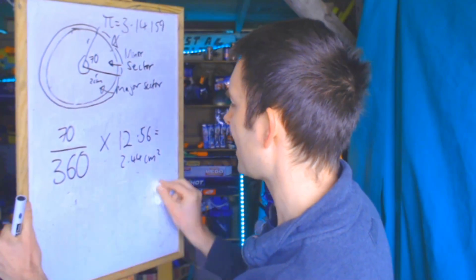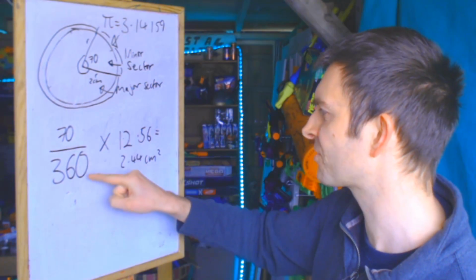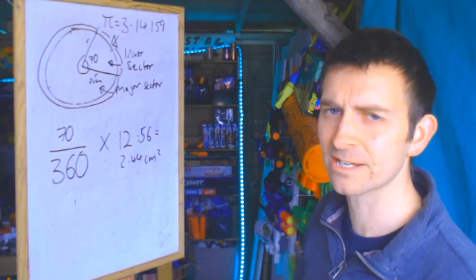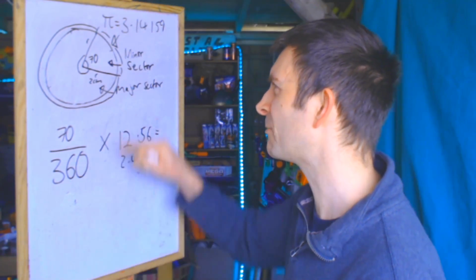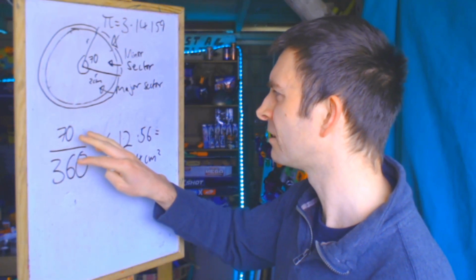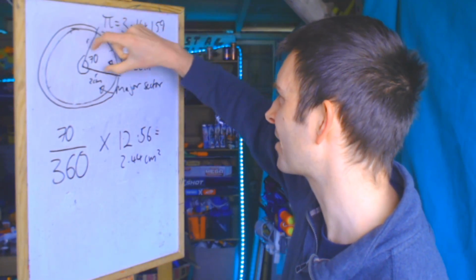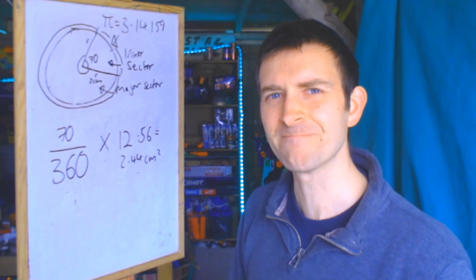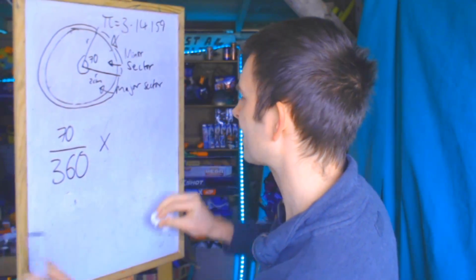So just there we had 70, which is this angle here, divided by 360 times the area of our circle. Well, we don't want the area of a sector anymore. We want the length of an arc. So we want to know what proportion of our circumference is included in this kind of angle here between these two radii. So that being the case, let's get rid of this.